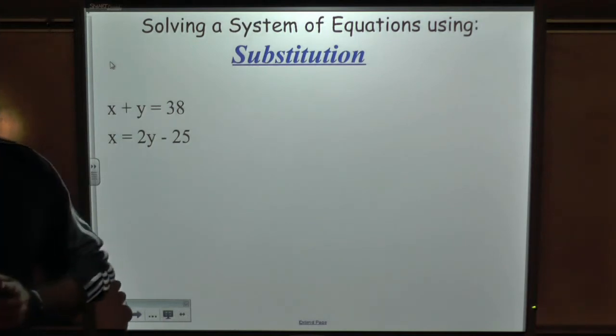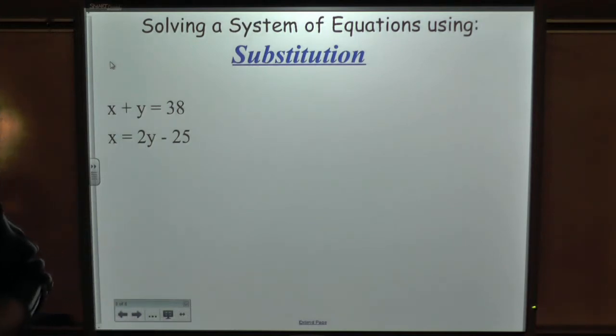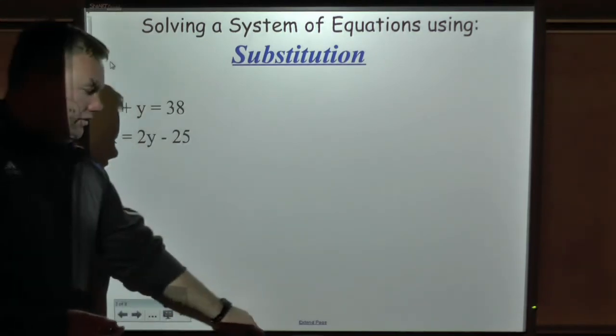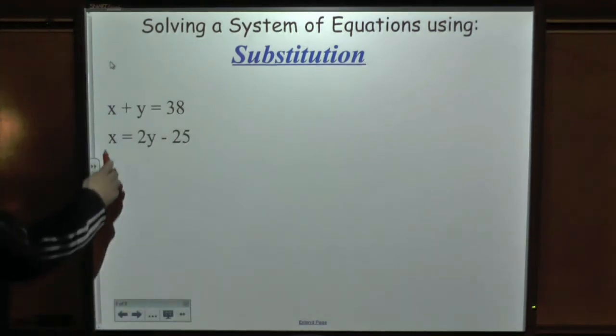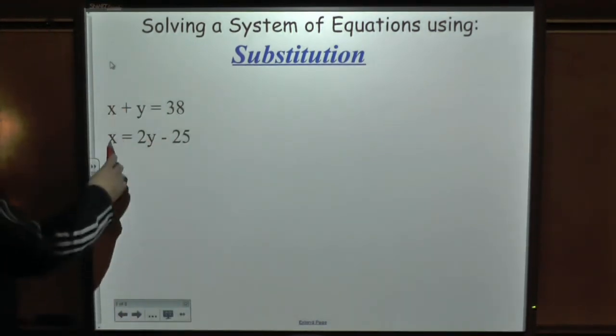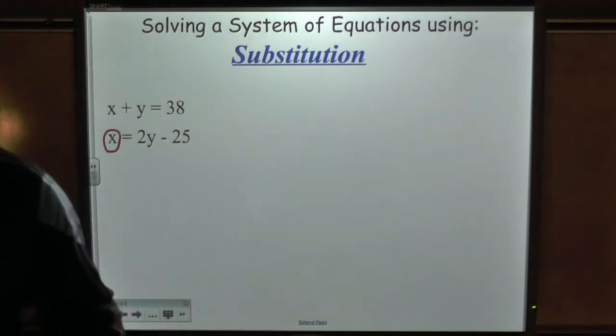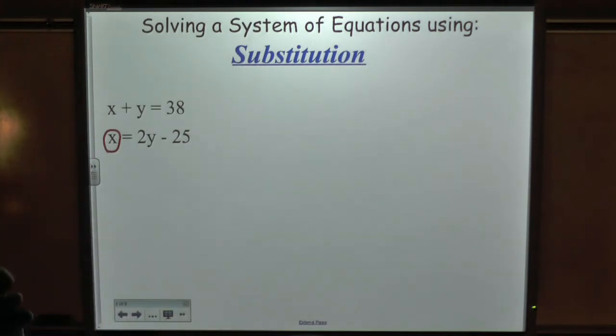So what we're going to do with substitution. The first step in substitution is to look: is there a variable, either x or y in this case, that has been solved for, that is all by itself? And we have that here. When you look at these two equations, this x has been solved for. In other words, it's on the side of an equation all by itself. So x has a value.